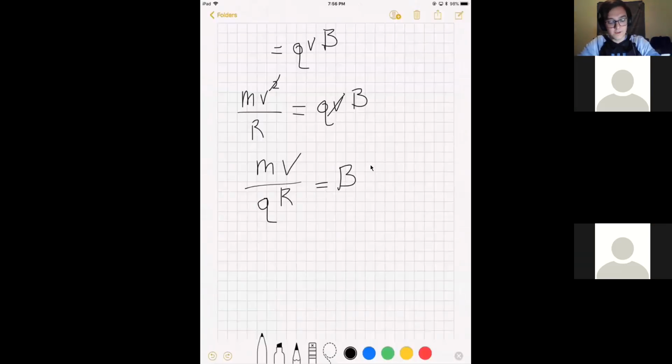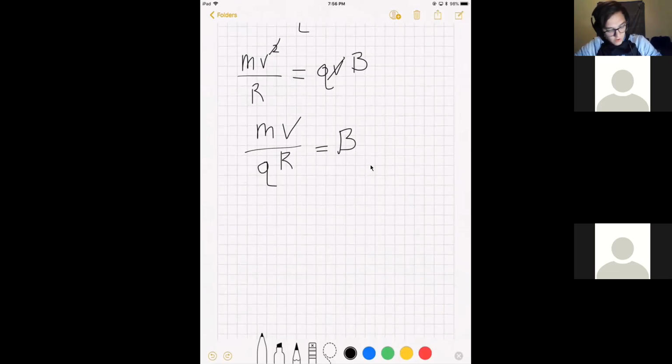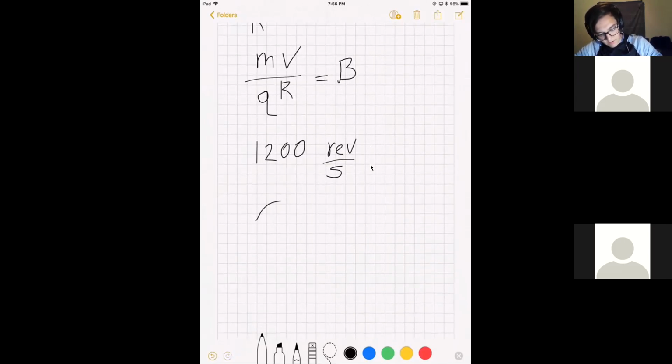So let's focus on describing v now. We're told we go 1,200 revolutions per second, right? We know we're revolving around a circle of radius r. So one revolution has a distance, right? Revolutions per second isn't a useful number to us. We want meters per second. So if we want meters per second, we've got to figure out how many meters are in one revolution.